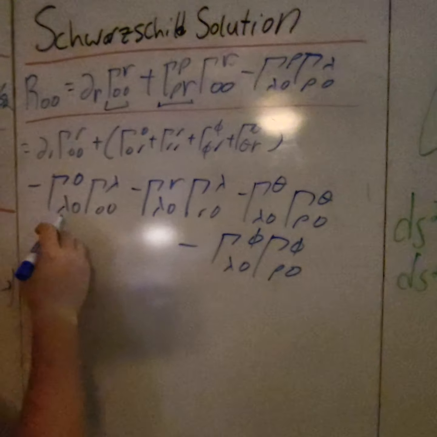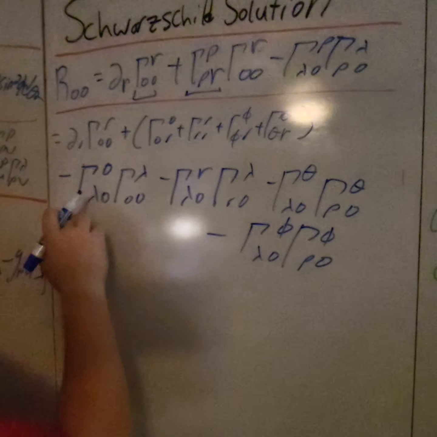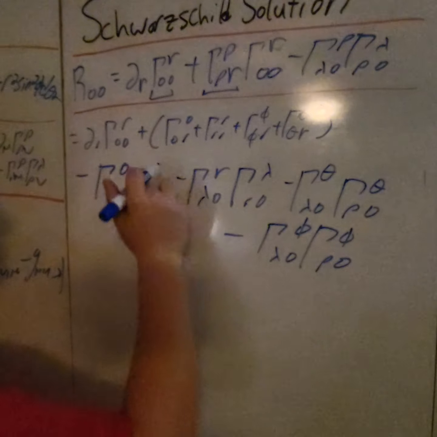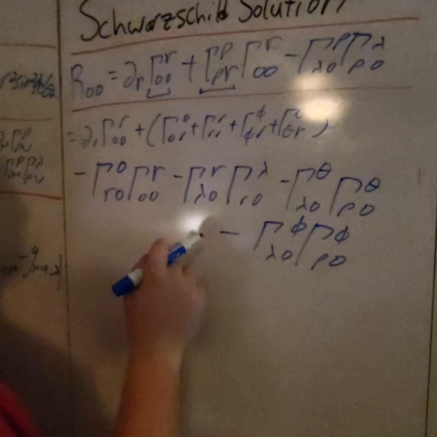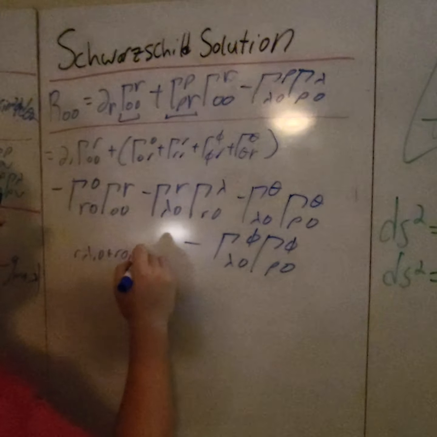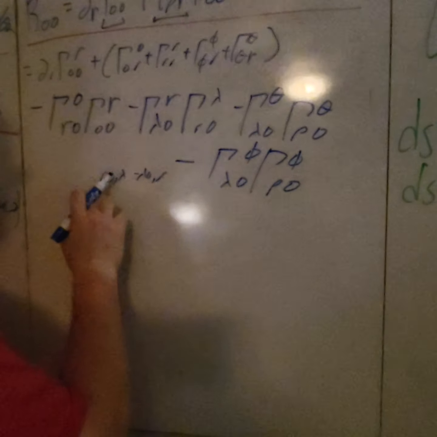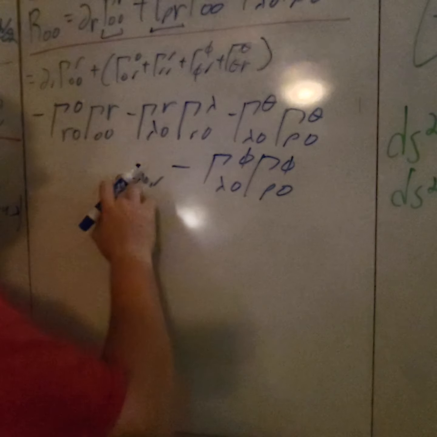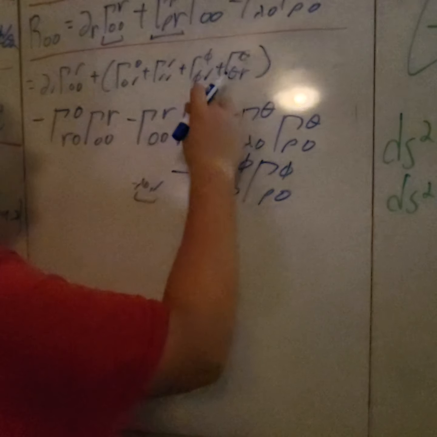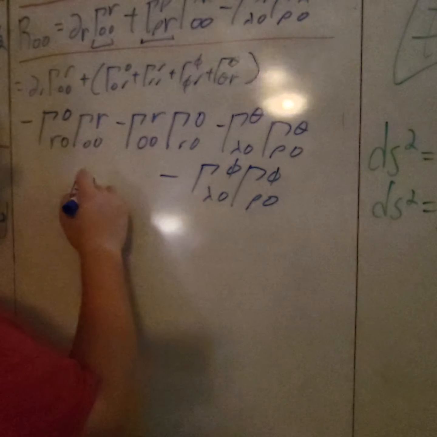Okay, so let's use constraints here. We already determined that for 0, 0, and lambda, it's only going to depend on r. We only need to sum over lambda equals r there. And there's no time dependence. The R0 terms, that's asymmetric, or that's a non-diagonal, and it must be 0. Only lambda equals 0 will survive that summation.